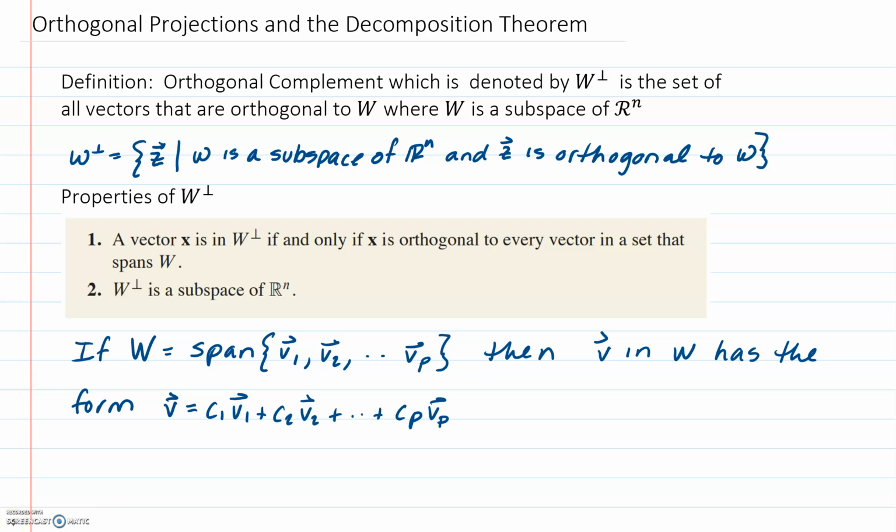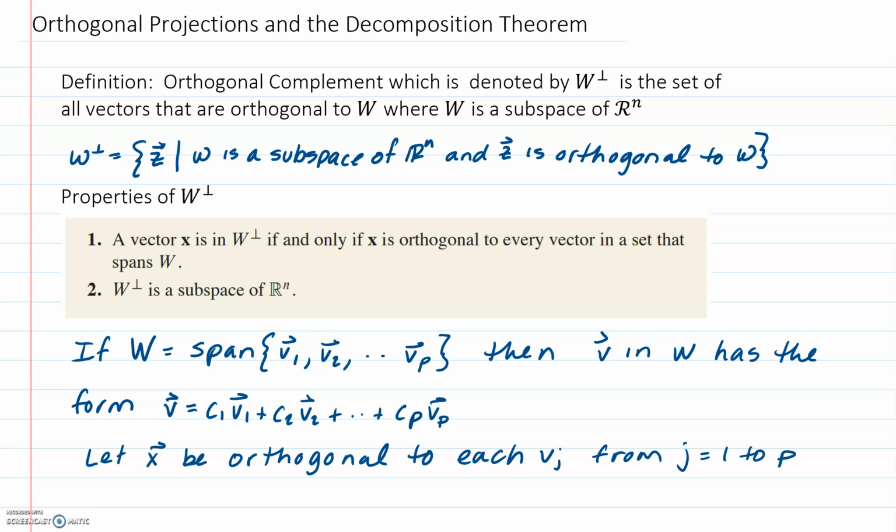So let's let X be orthogonal to every vector in this set that spans W. In other words, let X be orthogonal to each vj, for j from 1 to p.